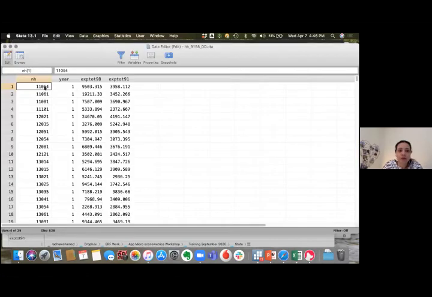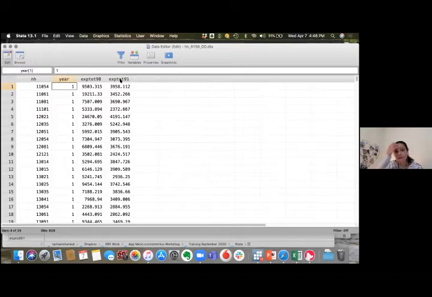We now have for each observation one line for year 98. For all the other variables, we have the value in year 98, and we have two variables: one, the total expenditure in 98, and one, the total expenditure for 91.